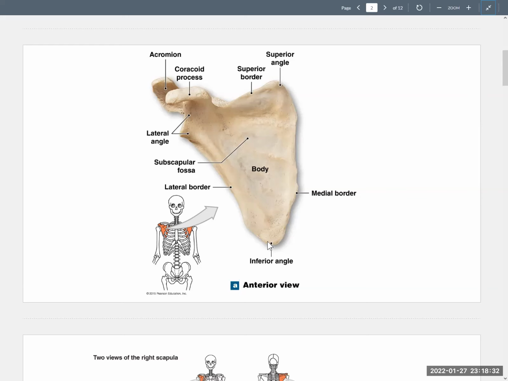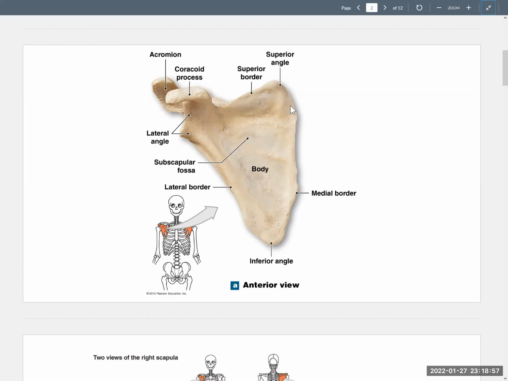When you look at this, you do see a triangle. Up at the top, straight up, is the superior angle. This is a triangle with three borders. This side over here is the medial border.